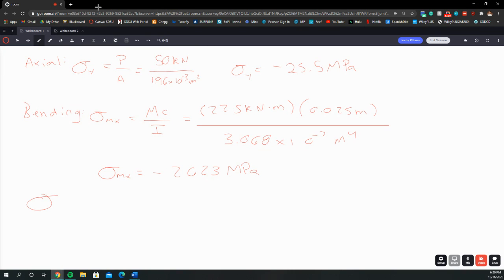That means the normal stress at H is going to be sigma y plus sigma x, or -25.5 megapascals minus 2,623 megapascals, which gives us 2,349.